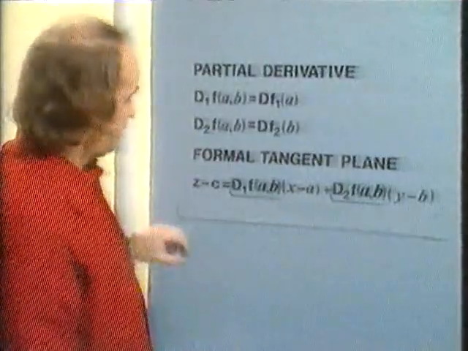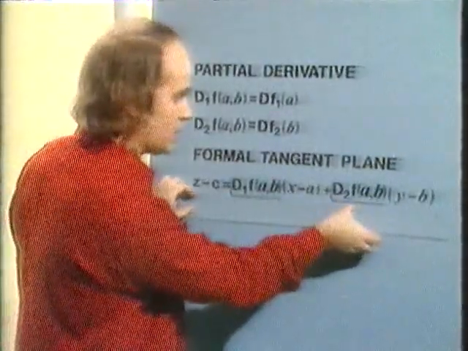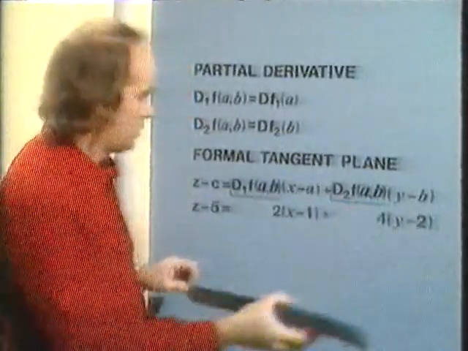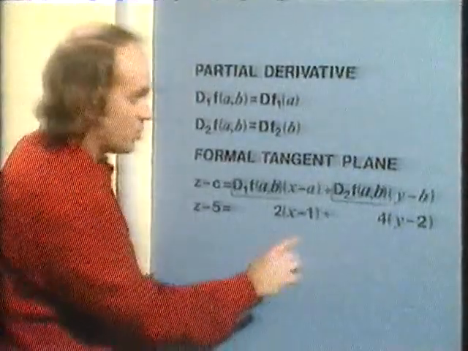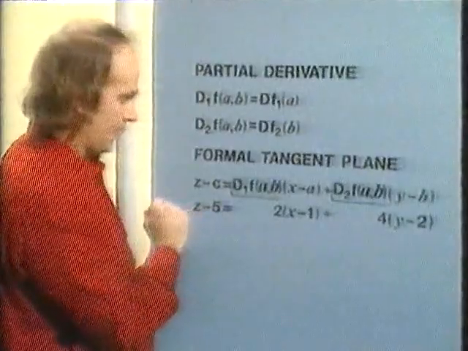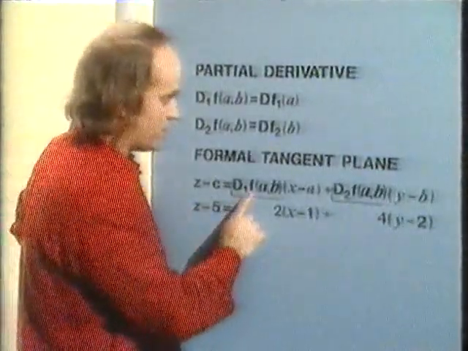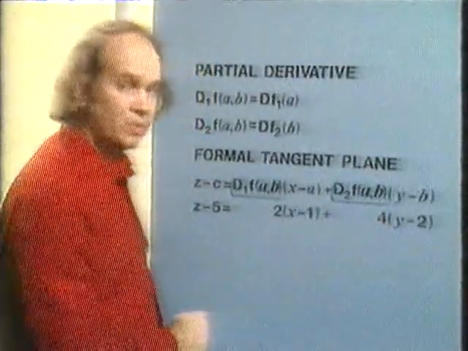And now, for our particular formal tangent plane, x squared plus y squared example, we have this. We're at the point (1, 2, 5) on the surface, and we worked out the first partial derivative to be 2 and the second partial derivative to be 4.